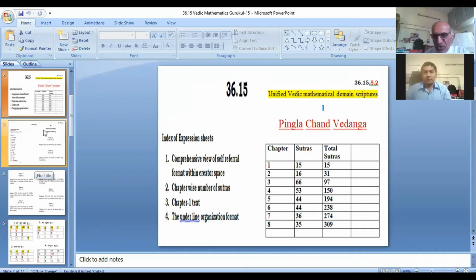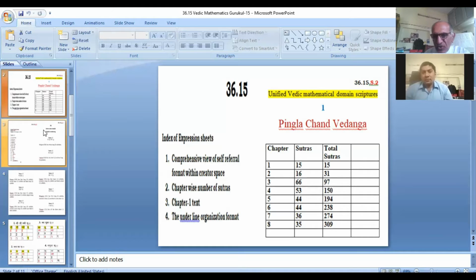Today, as we are initiating ourselves to be parallel with the organization format and features of the knowledge of unified Vedic mathematical domain of this scripture, we are going to concentrate only up till the organization format features and values of chapter 1.